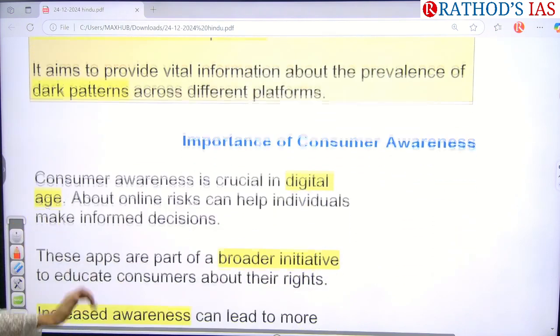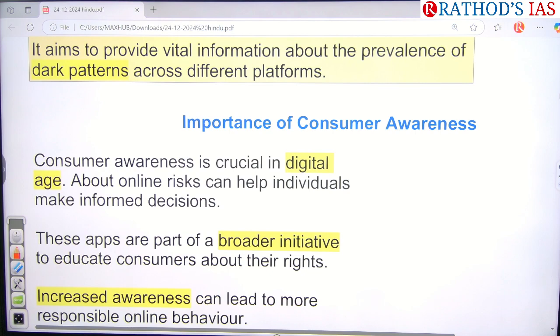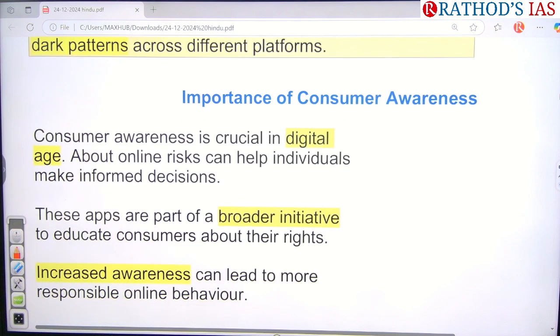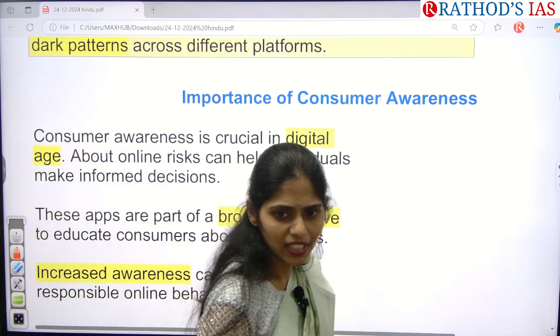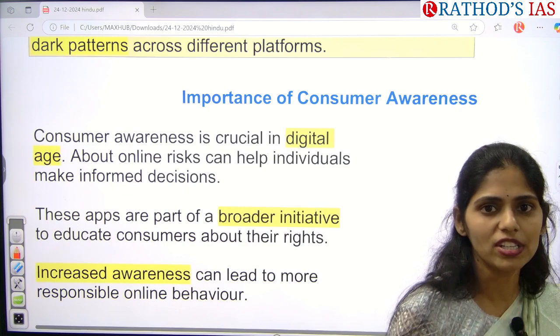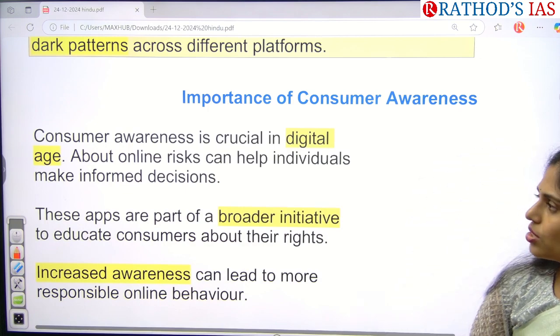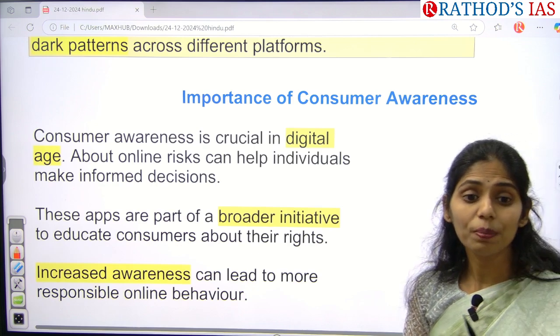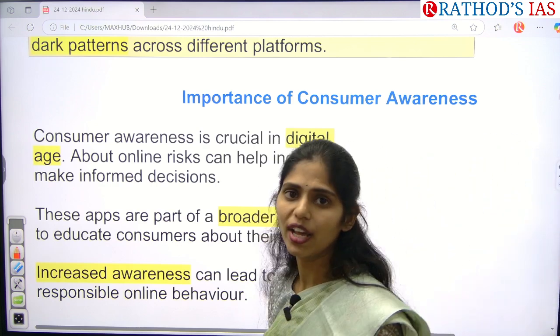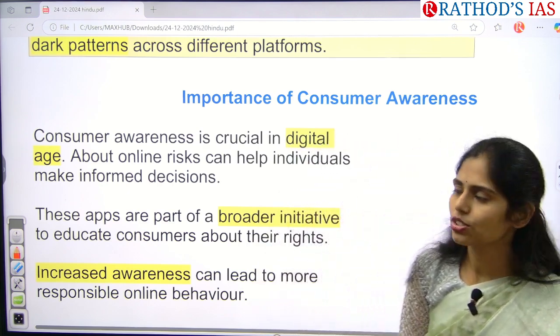Okay, so what is the importance? Why does the government need to take this kind of steps? Because consumer awareness is very important, especially for farmers living in rural areas, who are not much aware of digital literacy. So it is the responsibility of government to protect those people who are lacking digital literacy.